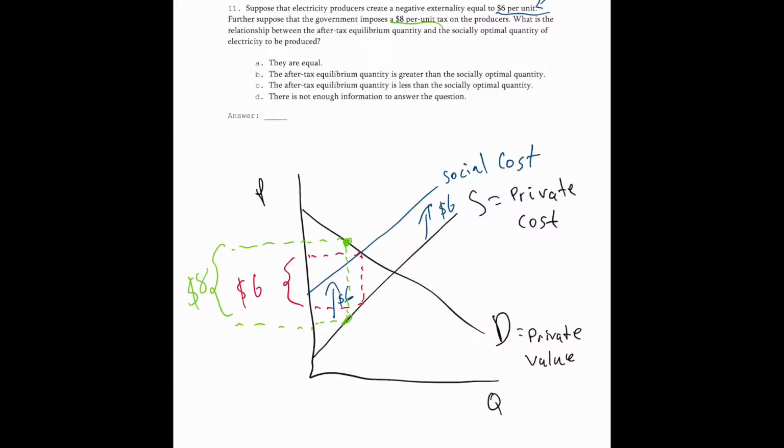And specifically, it's asking us about quantities. Well, this is the quantity after tax. And this little red guy is going to be our socially optimal. And of course, we have our equilibrium quantity as usual.